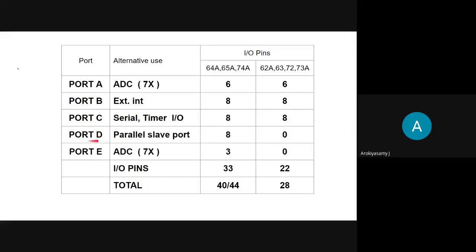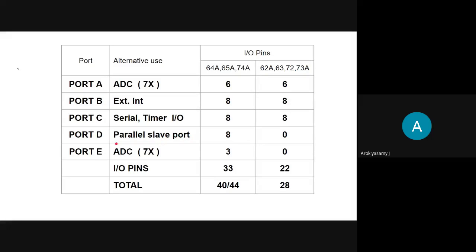Next, port D. Port D also serves as a parallel slave port. This is called a PSP, parallel slave port, which is used to communicate with other microcontrollers. One microcontroller can be connected with another microcontroller, or one microprocessor can be connected with one microcontroller using this PSP port.